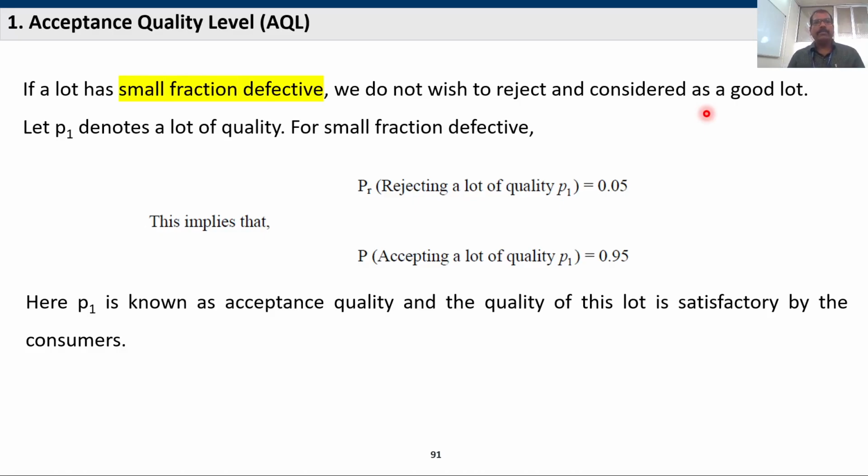So this is how the acceptance quality level works. The acceptance quality level, either 5 or 4, 3, 2, 1, depends on the company or on the quality curve we can set. If the acceptance rate is 95, the rejection rate is 5 percent, and vice versa. 97 means a 3 percent rejection rate. Okay. So here P1 is known as the acceptance quality, and the quality of this lot is satisfactory to the consumers.